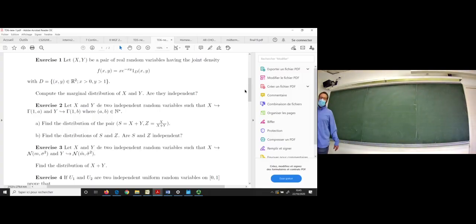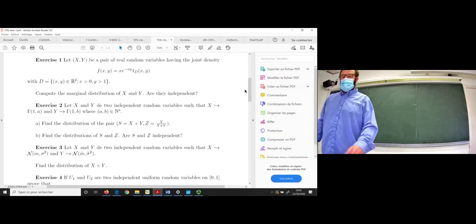So in this exercise, I give you a joint density. So it's important to read the statement, because here I tell you that it is a joint density. Okay? So typically, you know that if you compute the double integral, you obtain 1. It's not necessary to do the job, because I tell you that you have a joint density function. Okay?